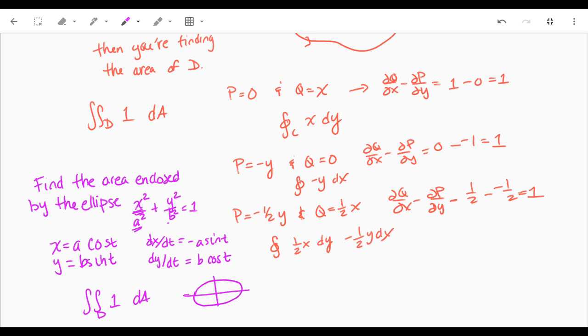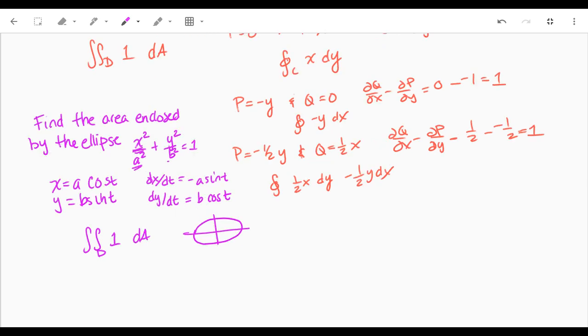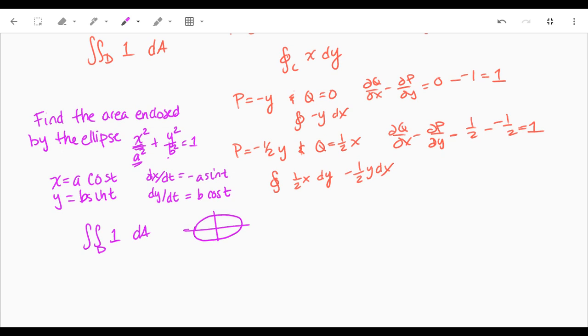But the tricky part is that we're probably going to want to use polar for this, and definitely theta is between 0 and 2 pi, but what's r between? Okay, it varies, right? On the x-axis, it goes out to a. On the y-axis, it goes out to b. It hits everywhere in the middle.